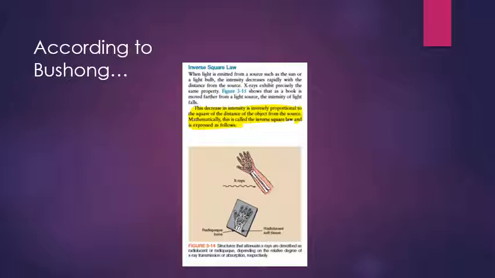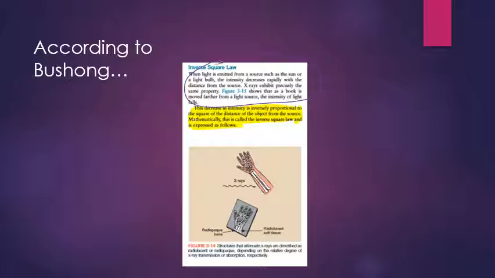We're wanting to simplify this, so let's go back and read that again. When the light is emitted from a source, such as the sun or a light bulb, the intensity decreases rapidly with the distance from the source. That is basically the only thing that we need to know about the inverse square law, other than the equation and how it works.